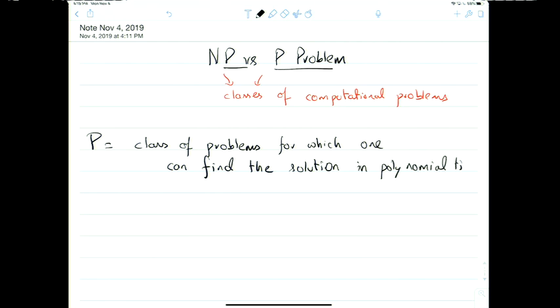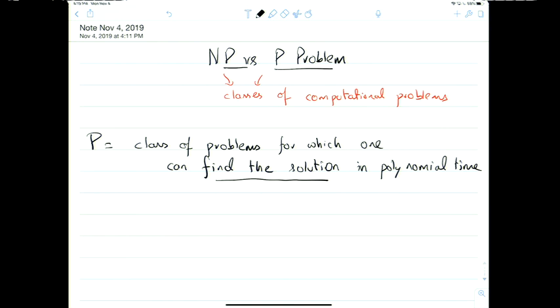I know I'm being a little vague here in that I'm not formally defining P, but there is a formal definition of P. We just will not do the formalism in this class, but we'll see enough examples to understand what the formalism is trying to do.